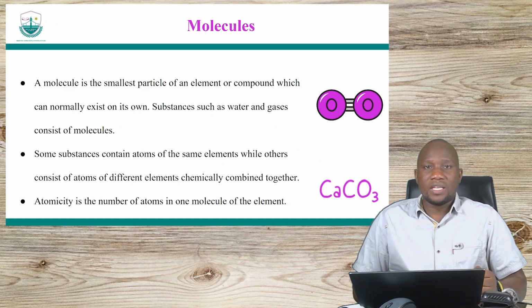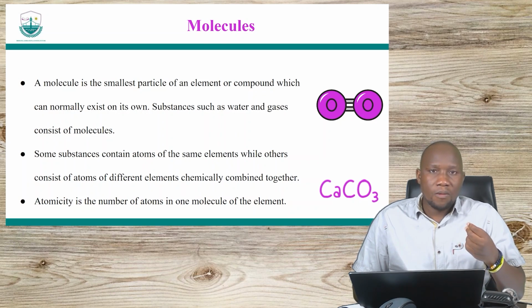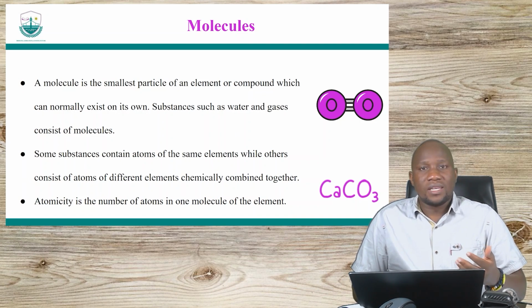Elements. So these elements can be existing purely. That is to say that you can have an object that is having purely one element, or you can have an element that is combined with the other elements.